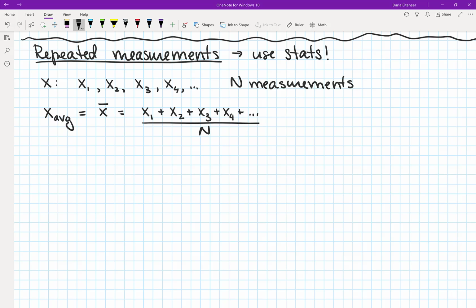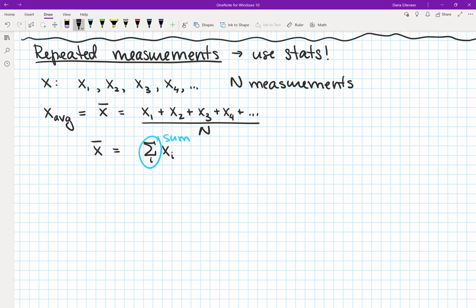This can also be written as the sum of all the measurements, where i stands for the ith measurement. I hope that you all know this notation. This here means summation, or sum, right?